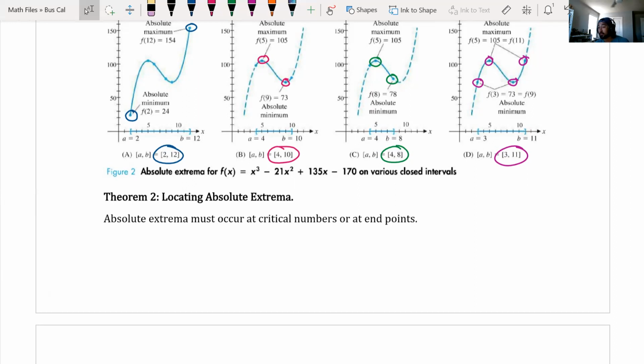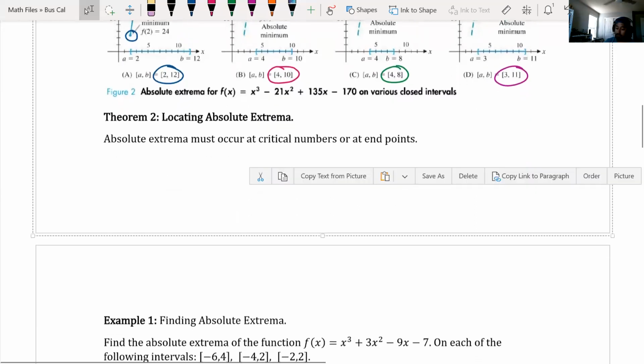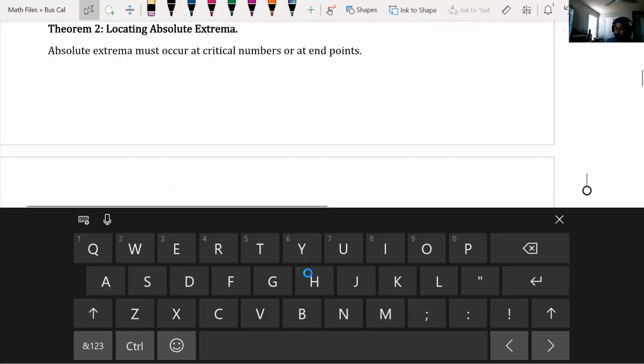So absolute maximums and minimums only occur at critical numbers, which we find from the first derivative, or at the endpoints of a given closed interval. So this is how we're going to actually find them without even looking at a graph. So we were already answering your question, which means, of course, we'll try it out on the next page.